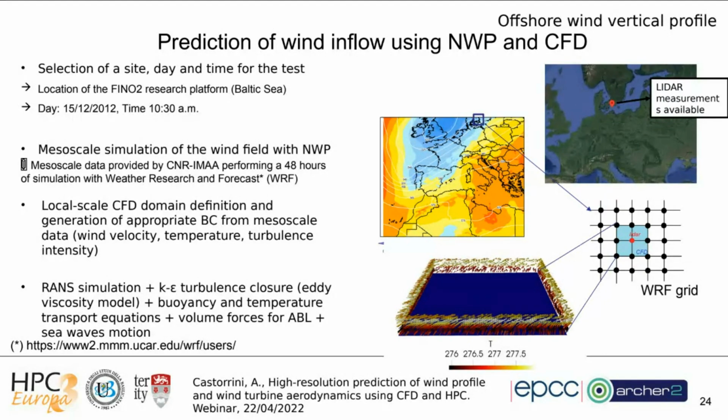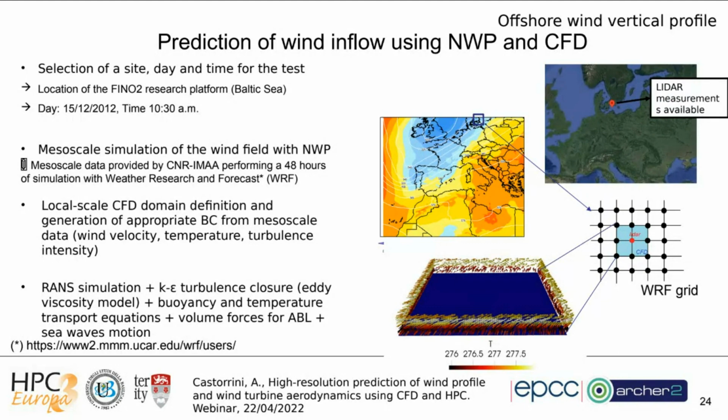In this particular case, the local scale simulation that we are interested in to increase the accuracy of the wind prediction is based on RANS simulation with the K-epsilon turbulence model.